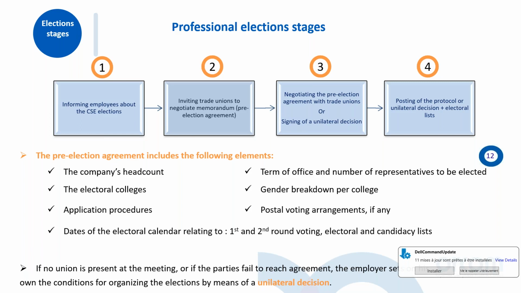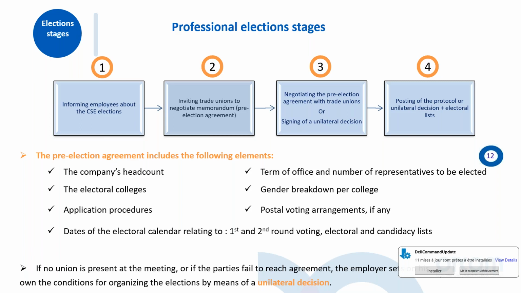Considering step 2, if no union is present at the meeting, or if the parties fail to reach an agreement, the employer must set up on his own the conditions for organizing the elections by a unilateral decision. And in this unilateral decision, the content will be the same as for a pre-election agreement.